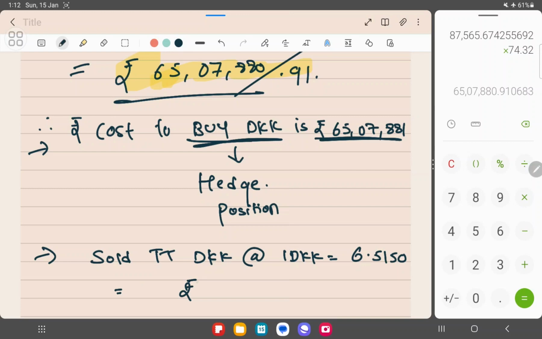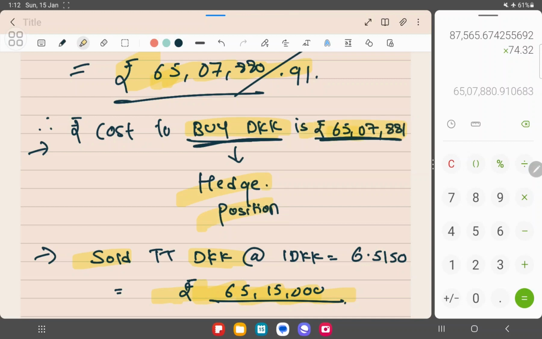So it was rupees 65,15,000, correct? This one. So you sold DKK at rupees 65,15,000 and you are buying DKK to cover that position, that is the hedge position, at 65,07,881.